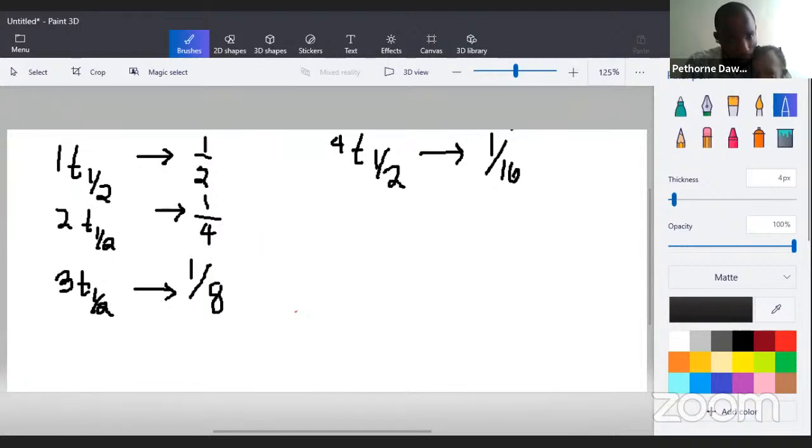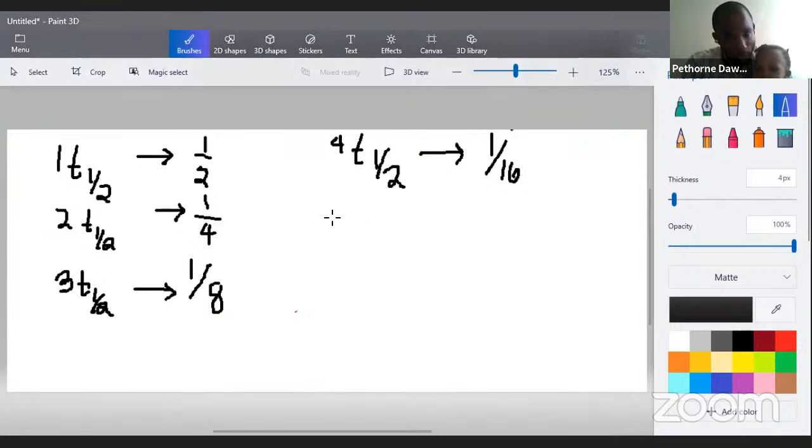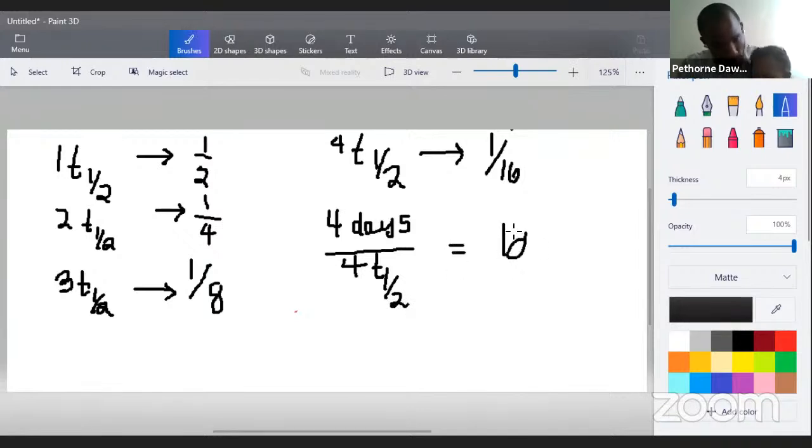So if we run through 4 half-lives in 4 days, then it's 4 days total over 4 half-lives, which is 1 day per half-life. So the half-life is 1 day.